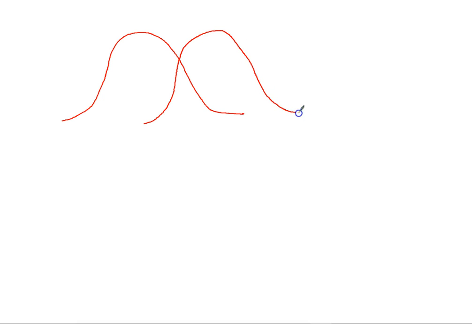Some other information. You might see a problem that looks like this. Where it's two normal curves. And then down at the bottom you might see this and this. And this they would call A, and this they call B. And they say, which has the larger mean?